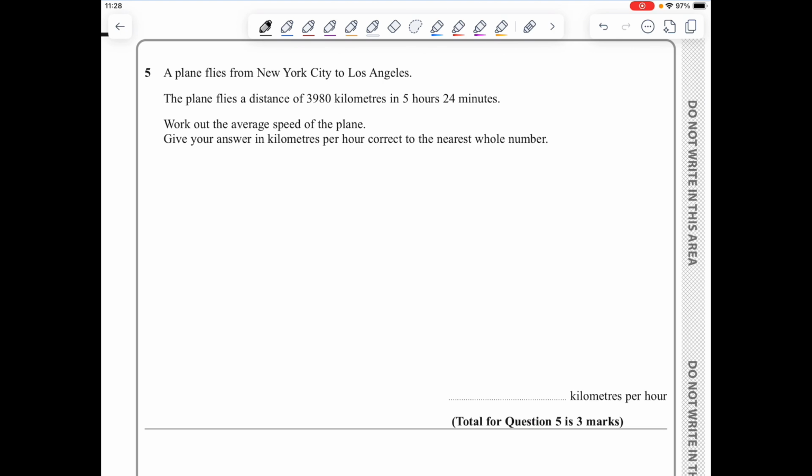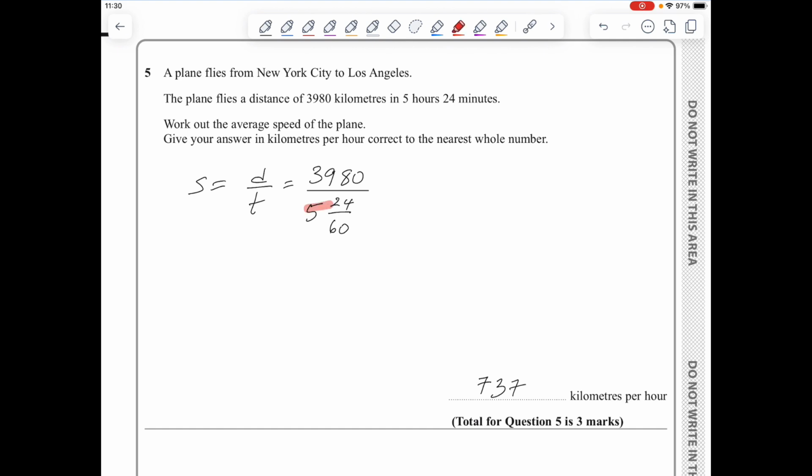For question 5, speed is equal to distance over time. Distance is 3,980. And now the time is 5 hours and 24 over 60, because those are minutes. Now if you put this on the calculator, you'll get 737 kilometers per hour.